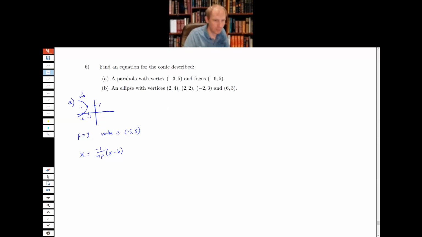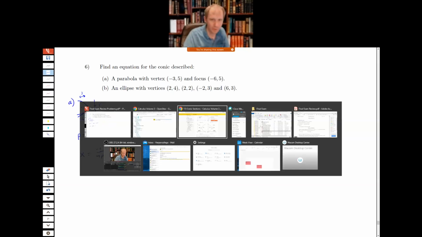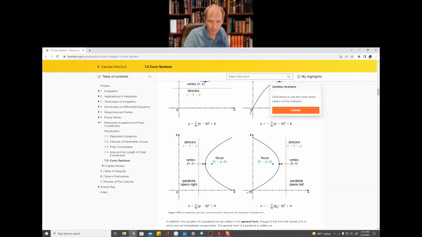If we have y equals, I would have an x here, and the h is like the x coordinate, so that goes with x's. But if I have a parabola opening left, I'm going to have x equals a function of y, and I want my y value to go with the k. So here it's y minus k, and then the h is on the outside.